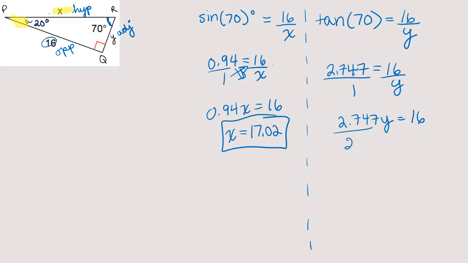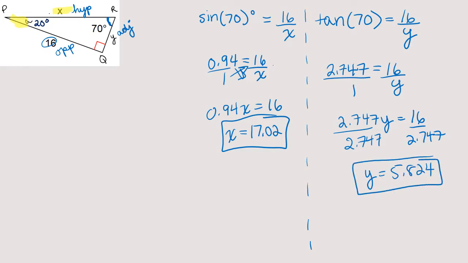And then I can divide both sides by 2.747, which gives us 5.824. So we solved the right triangle. We found the missing angle P, and we found x and y.